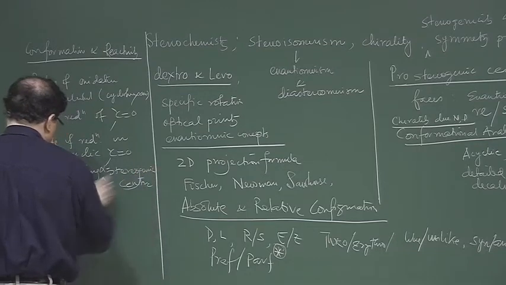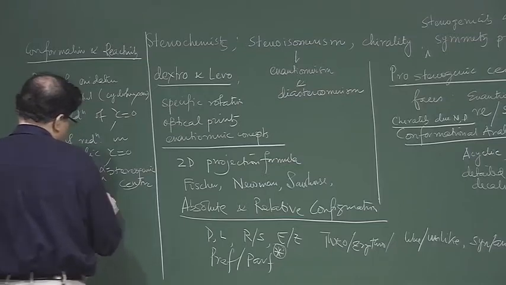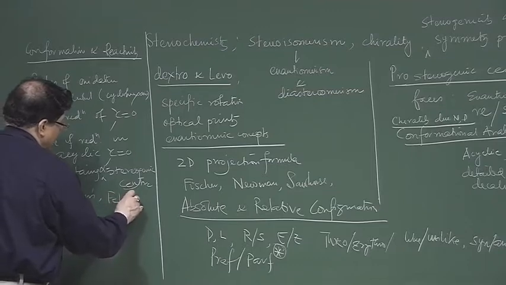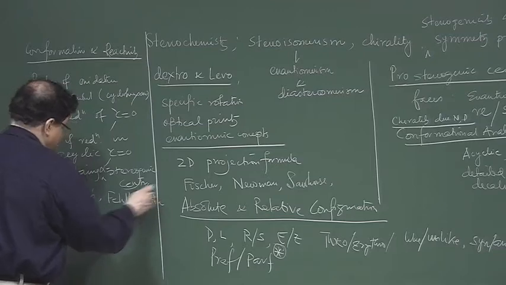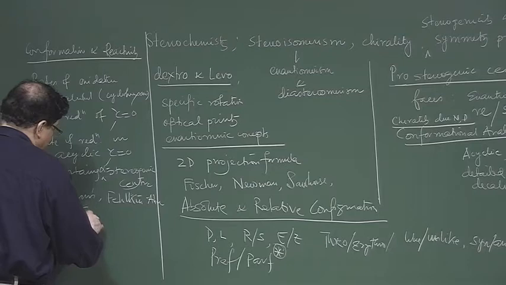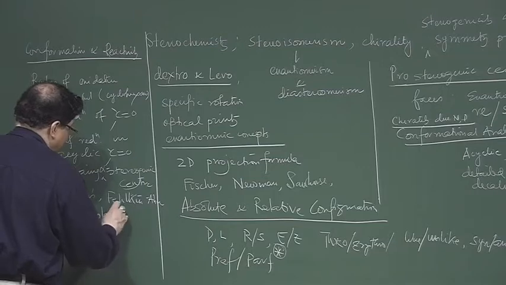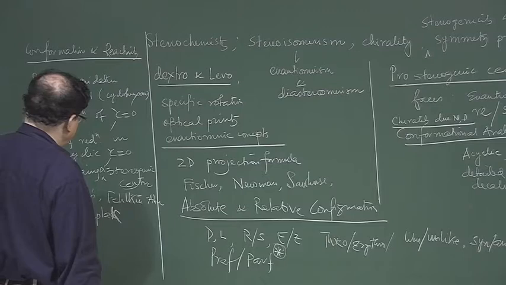Okay. Then we did Cram's rule, then Felkin, and then Cieplak, all these models were discussed. Okay.